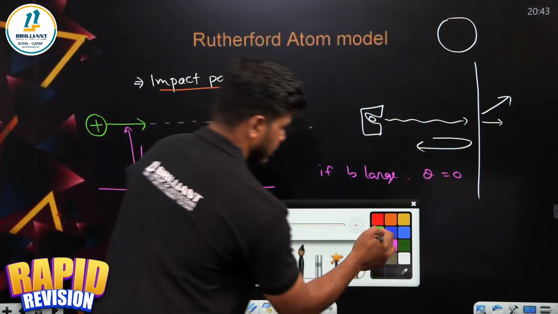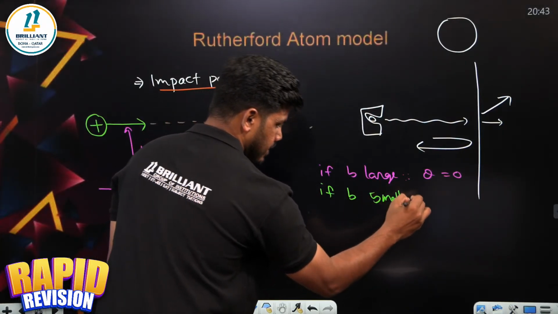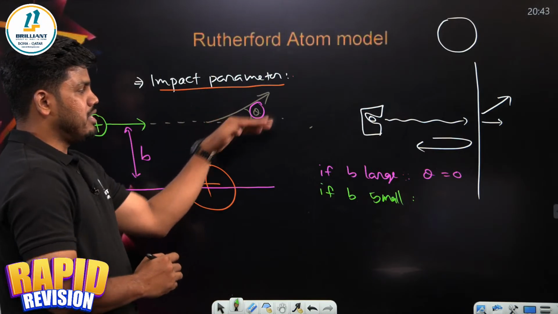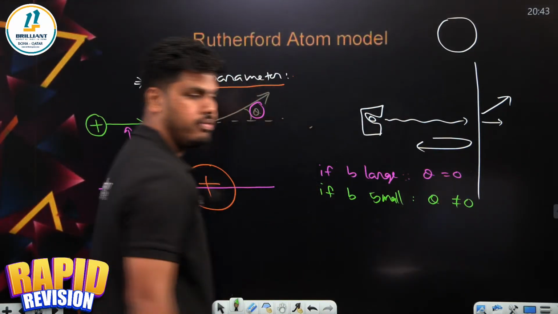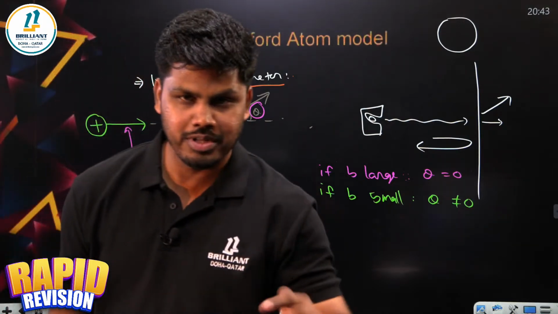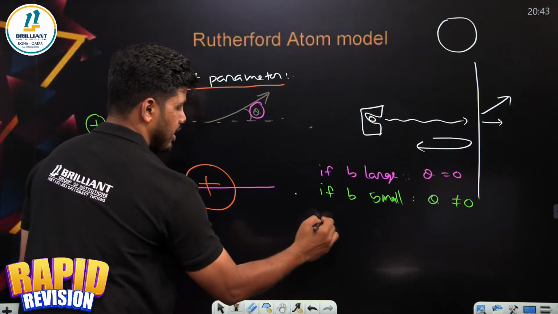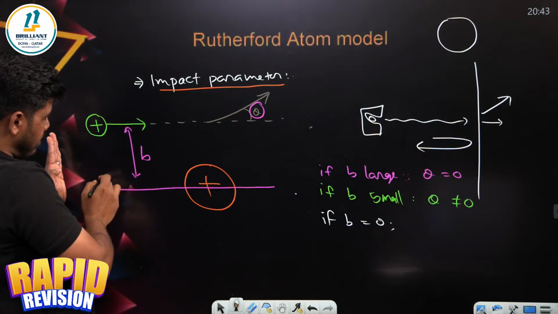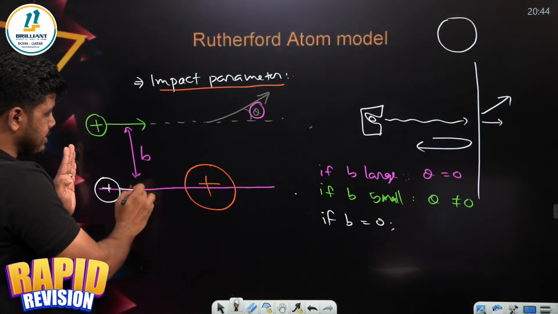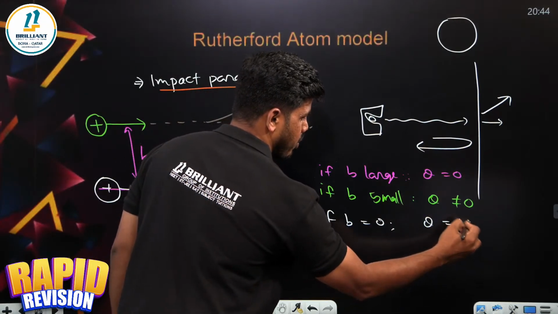Then what happens if b is small? If b is small, there will be some deviation, theta is not equal to 0. Some of the alpha particles are found deviated. And if b is equal to 0, the alpha particle is supposed to pass along this line towards the center, and at that time theta is going to be 180 degrees.